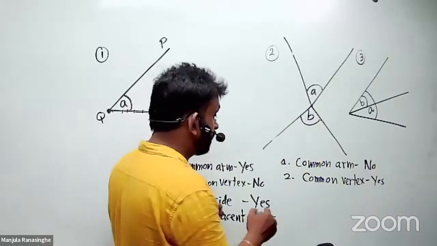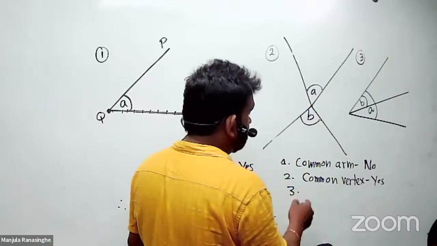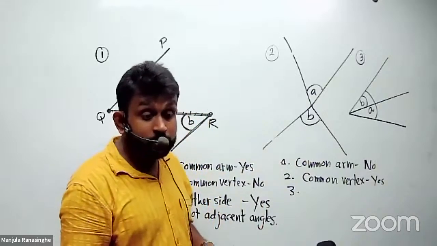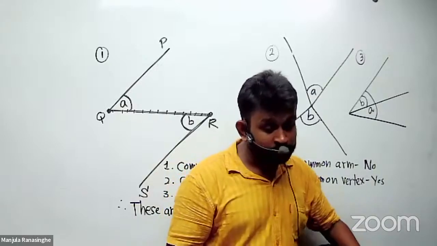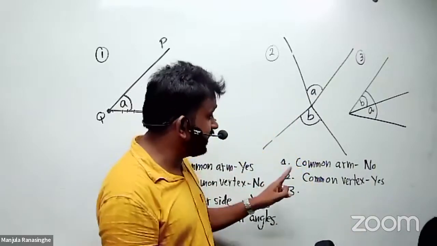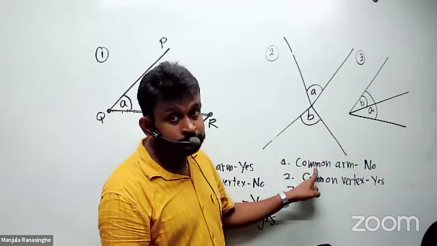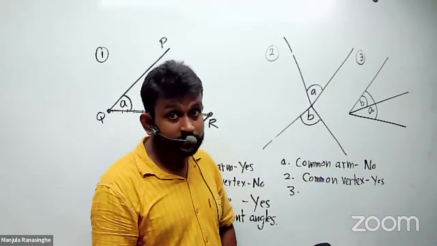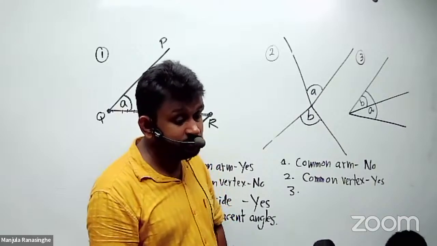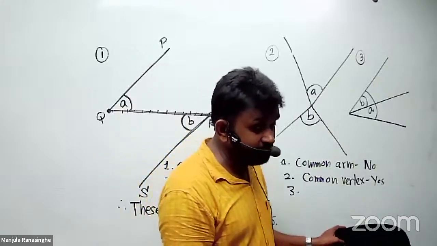Third one, either side of the common arm, we cannot say that because there is no common arm. So either side cannot be discussed. Right. So that fails the first condition. That means that is not an adjacent angle. So you have to write it is not an adjacent angle.